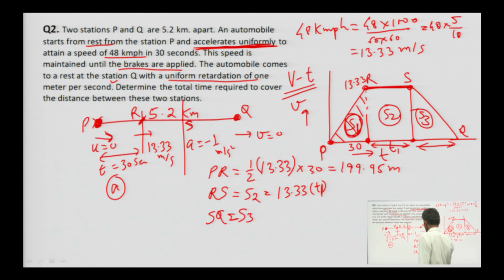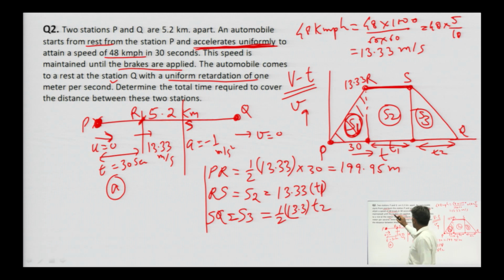S3 is half of 13.33 multiplied by, say, this is T2. Total distance PR plus S1 plus S2 plus S3 is given to us as 5.2 kilometer.